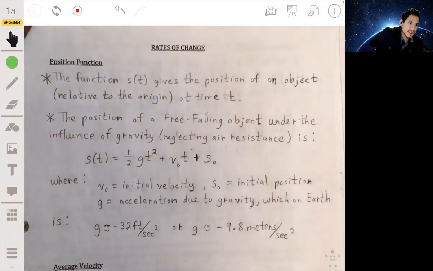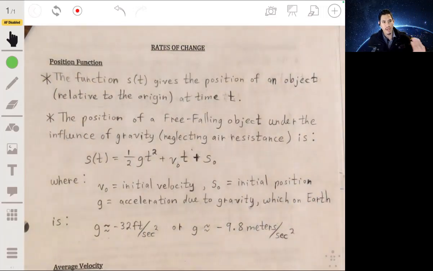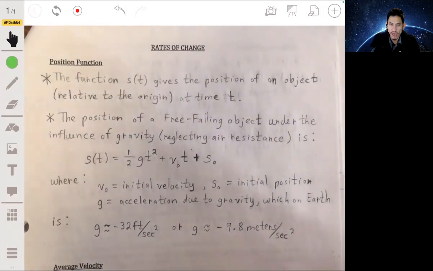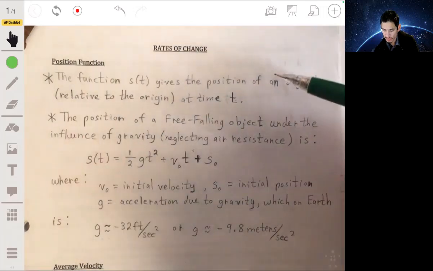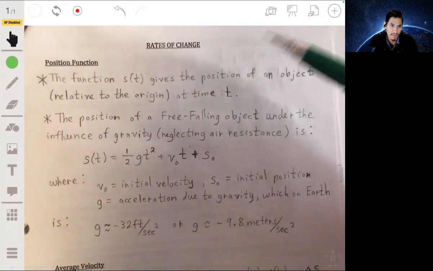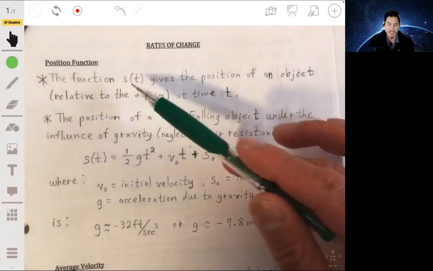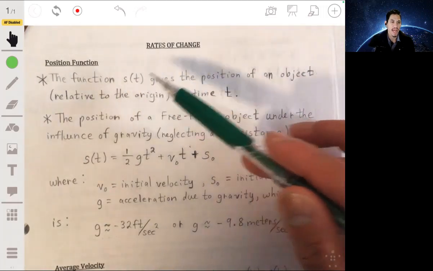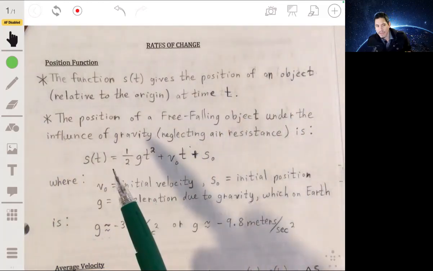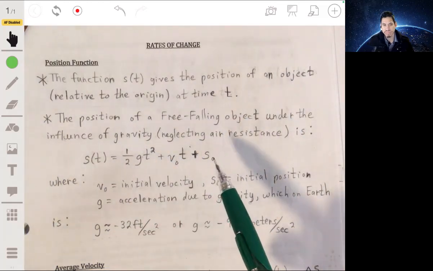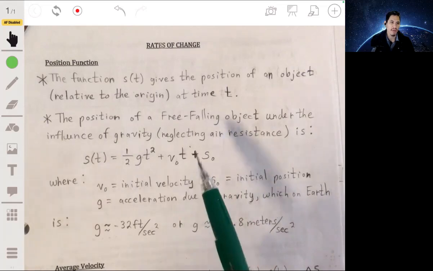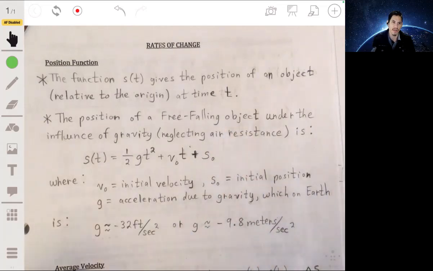Anyways, what we've got going on here is ways to describe where an object is at some point in time. We usually will have the position function of an object represented as s of t. Maybe you recognize this equation from a previous math class, maybe pre-calc, where they tossed a ball or shot a basketball, and you can recognize, wait a minute, that's a quadratic function.